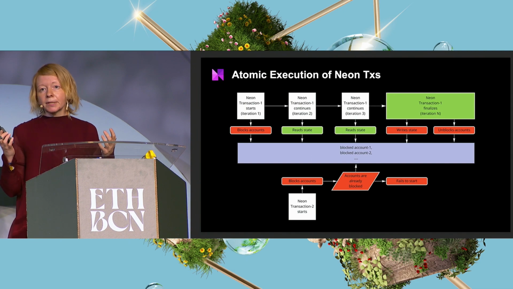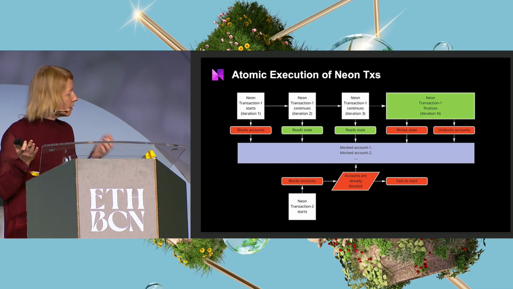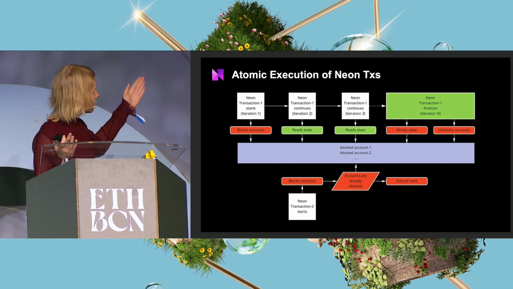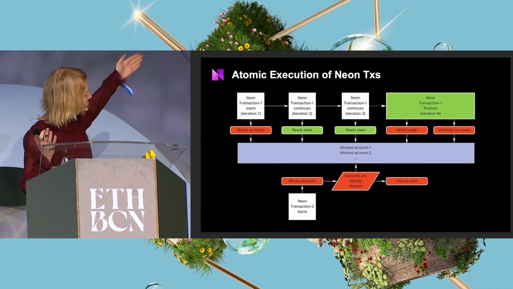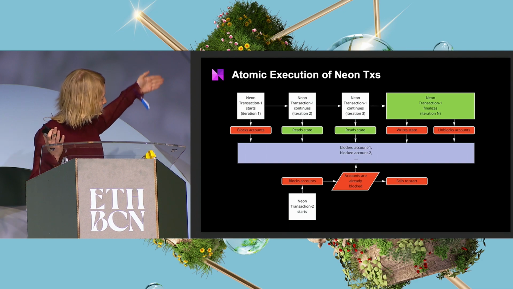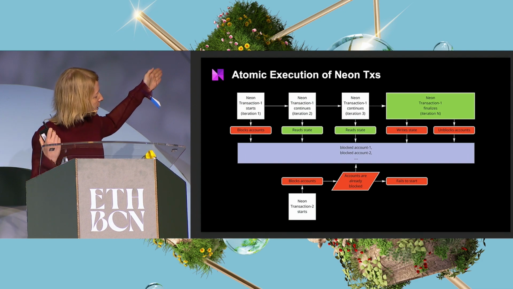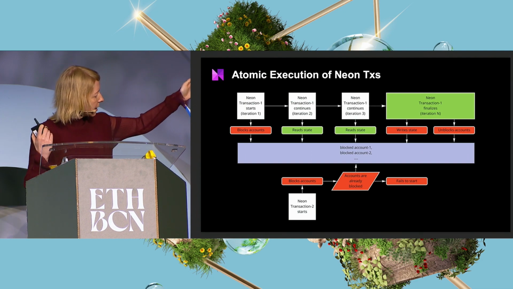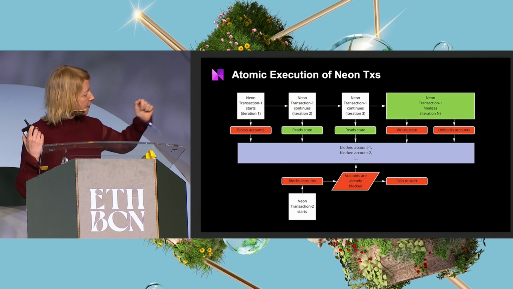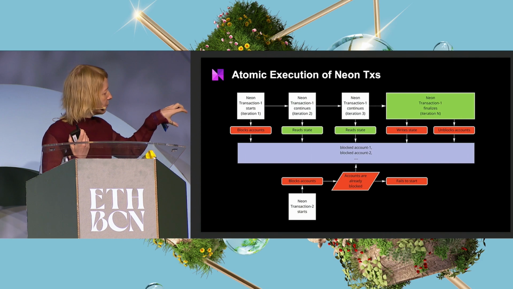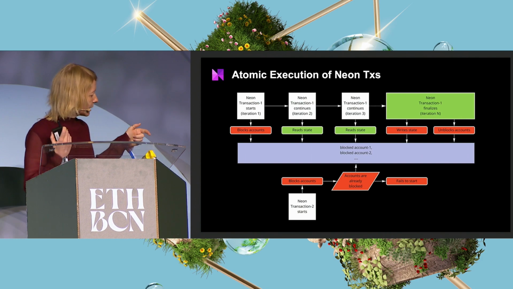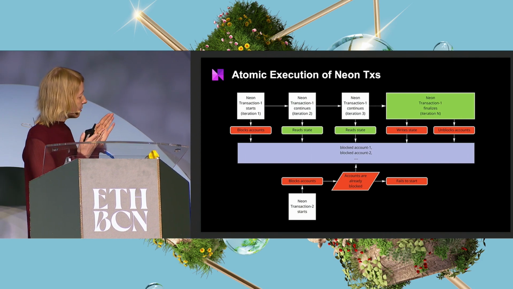So, how do we ensure atomic execution of the Neon transaction? Basically, we block the accounts at the beginning, then we unblock the accounts at the end, and we update the state of Solana on the last step only. What happens when we have, for example, a second Neon transaction running in parallel?